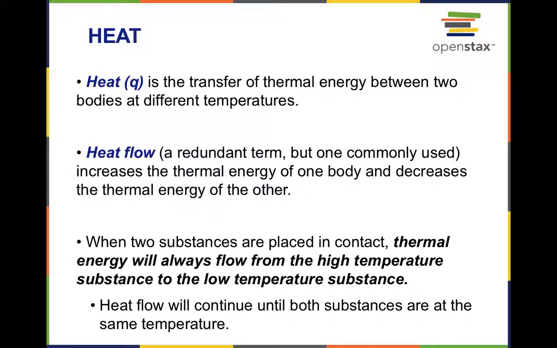So, some more terms you need to know. Heat is generally designated as Q, and it's a transfer of thermal energy between objects that are at different temperatures but are in contact with each other.